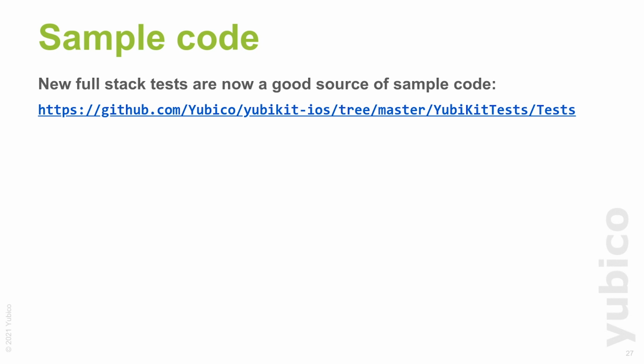And I think especially the PIV tests are very good samples on how you could use the built-in crypto libraries in iOS together with the PIV module in the iOS SDK. So yeah, that's my last slide.